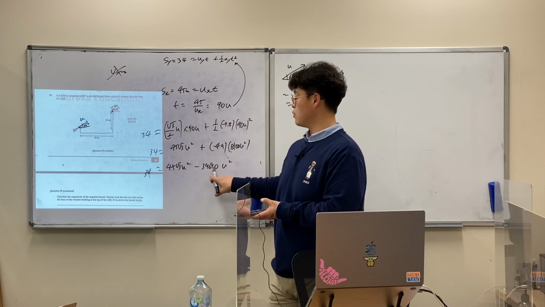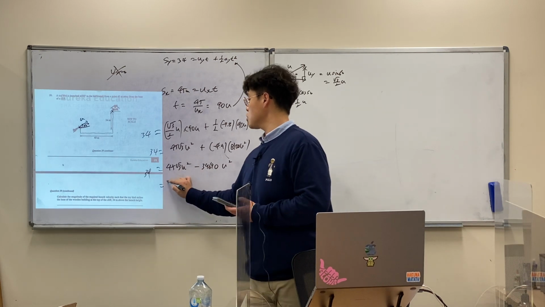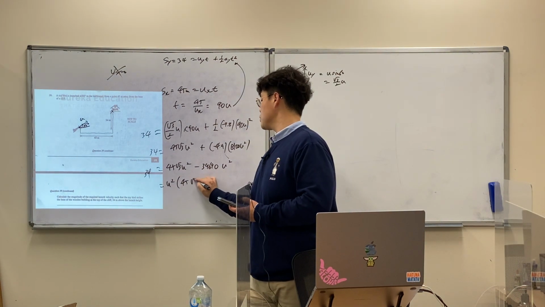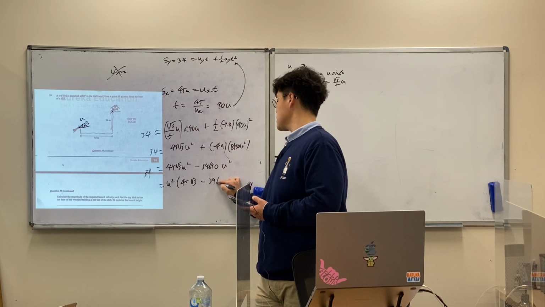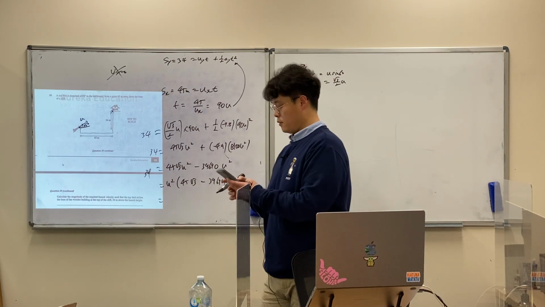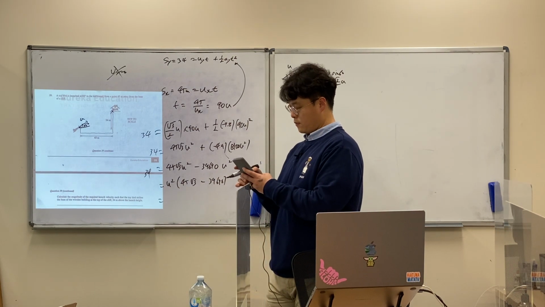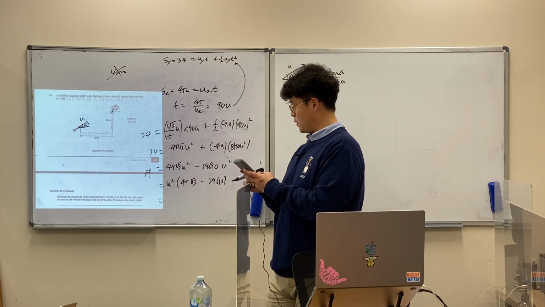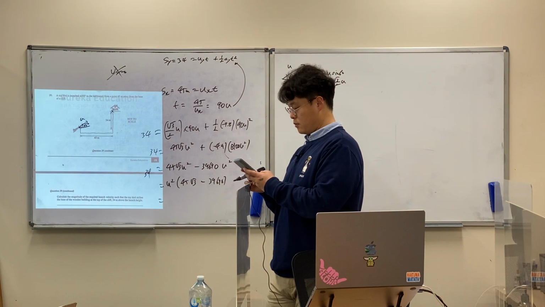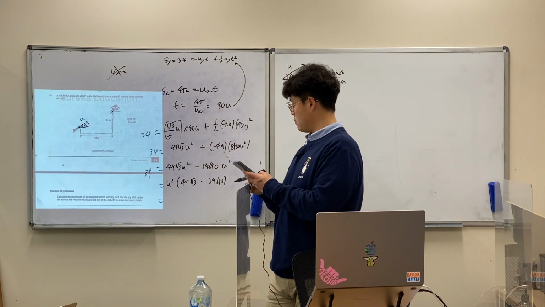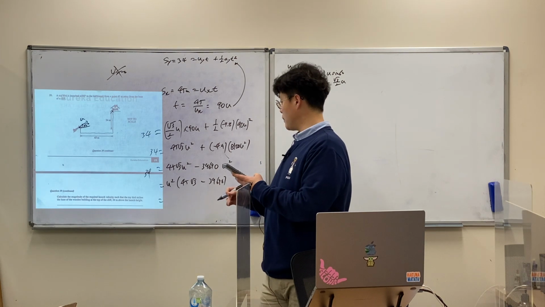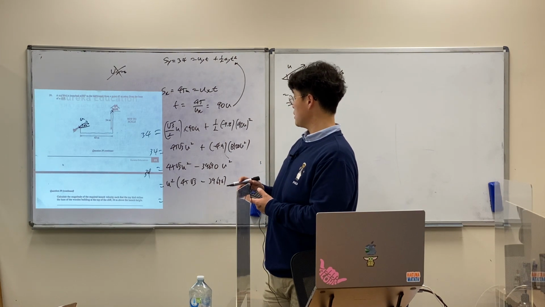So what did this do? 45 root 3 minus 39690. Minus 3969. Oh. Go minus that. Oh. Can't be.